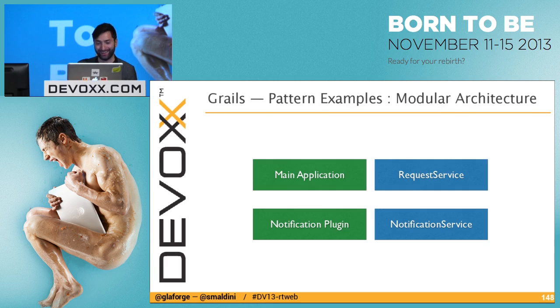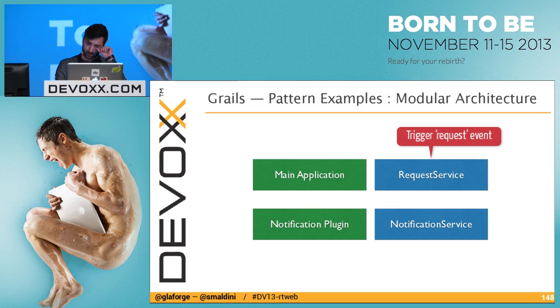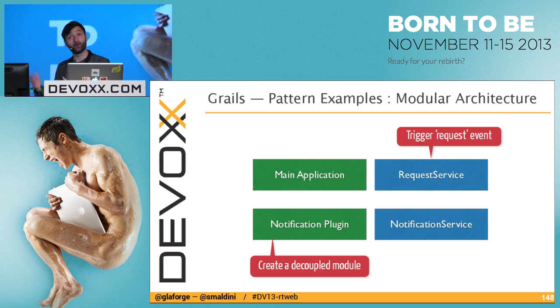Sorry, that was wrong. So, another pattern often discussed in this talk, I guess, is the modular architecture. Say your main application, a Grails application, triggers a request event on every request. You have a separate plugin, a notification plugin.